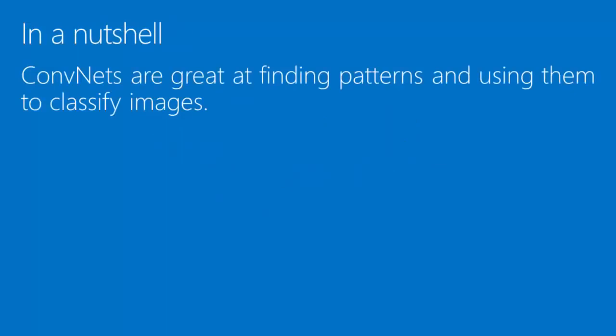So the takeaway is that convolutional neural networks are great at finding patterns and using them to classify images. If you can make your problem look like finding cats on the internet, then they're a huge asset.